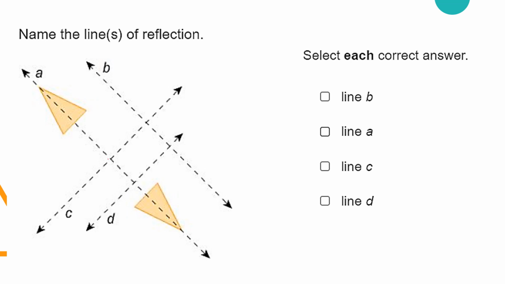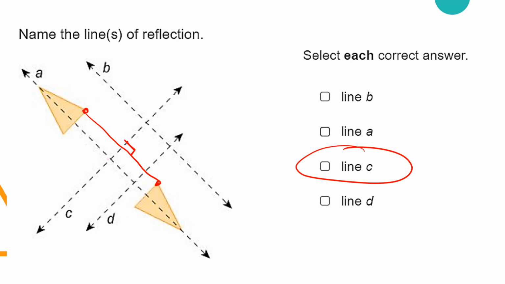C, if I were to take this point and draw a line, and I know that's not perfect because I don't have a ruler accessible here, but this line would be perpendicular to line C, which means that it is a line of reflection.